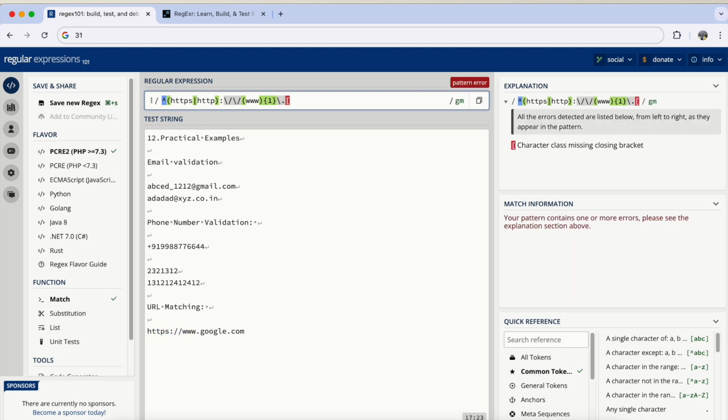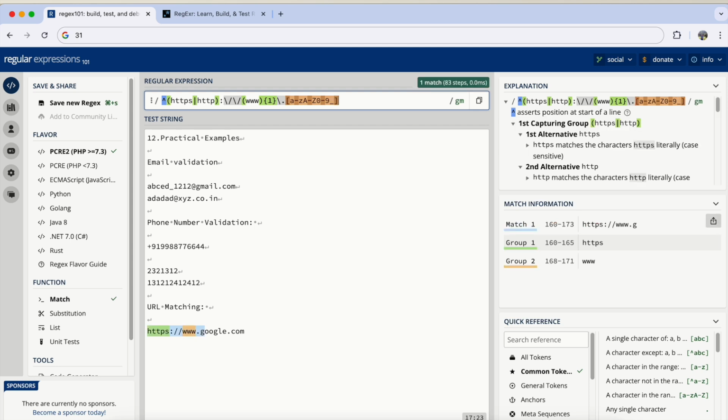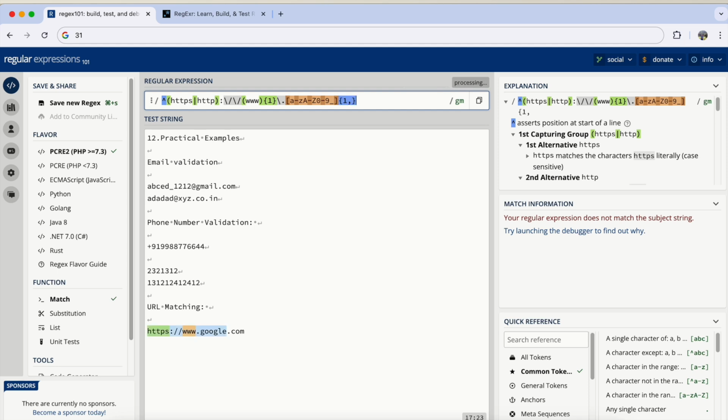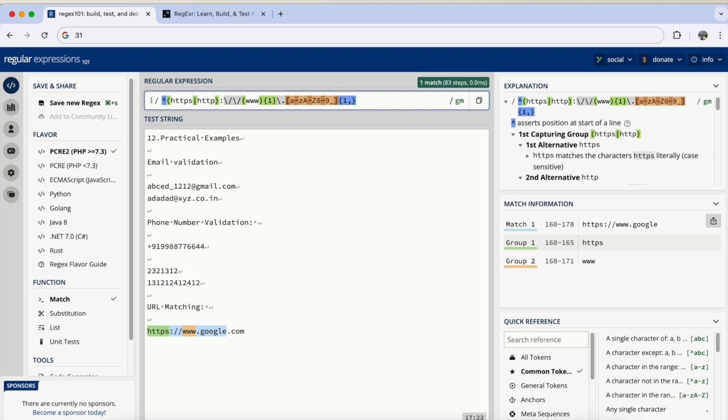it can have A to Z or A to Z or 0 to 9, even underscore, right? A minimum of one or more occurrences of letters should be there.